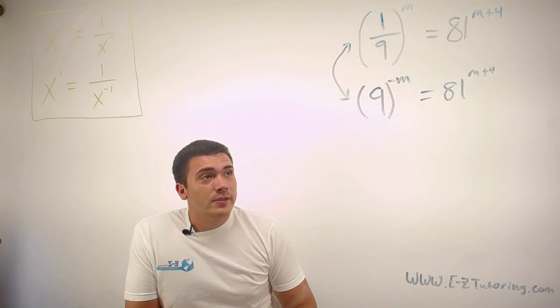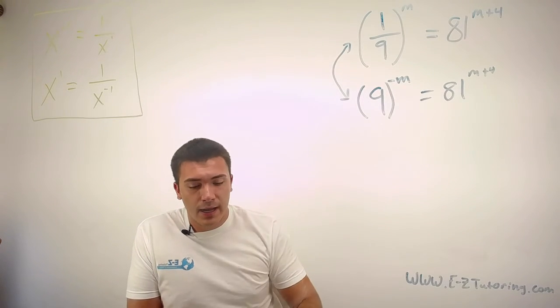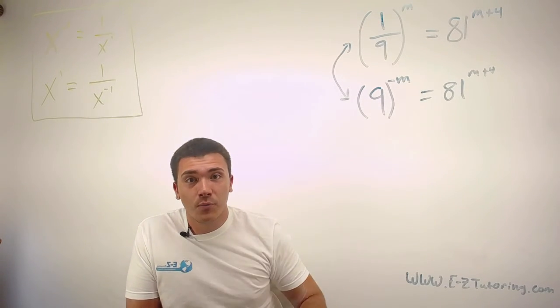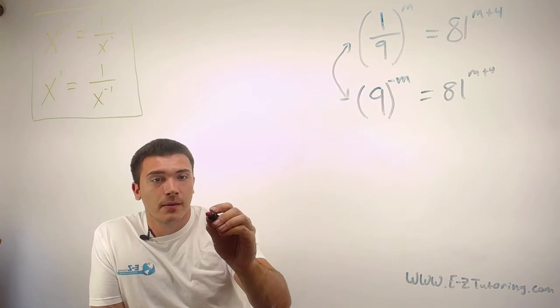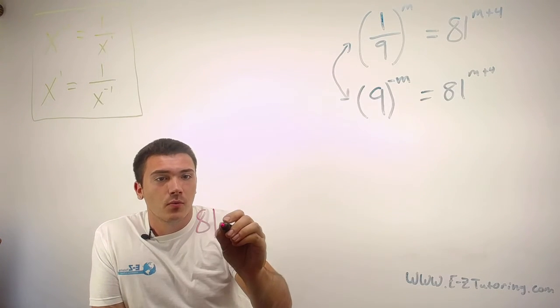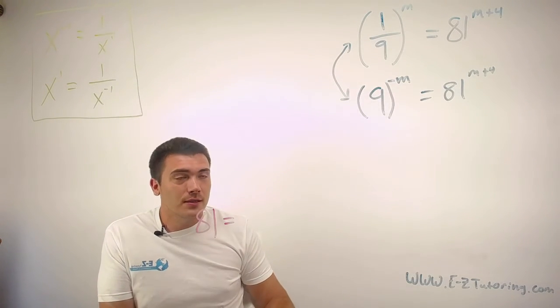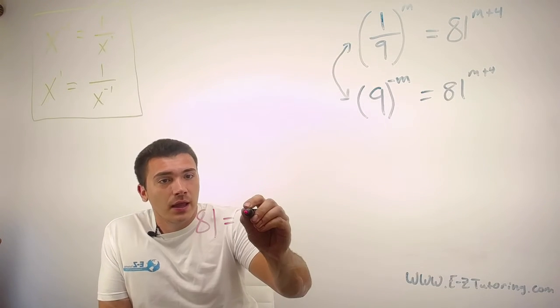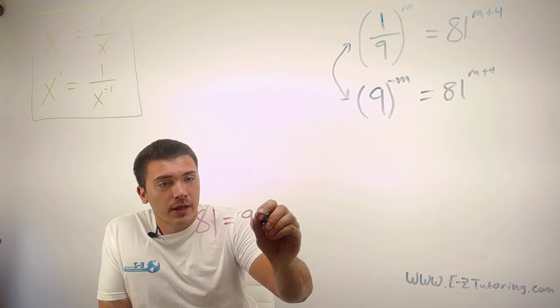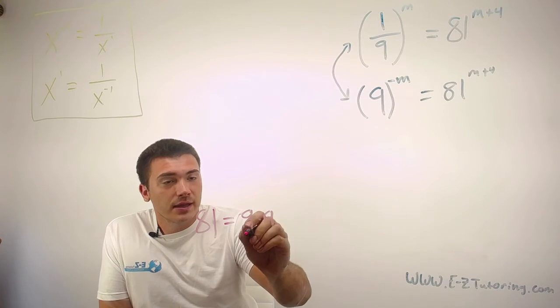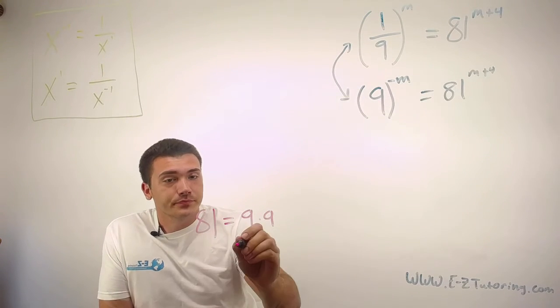So now we just need to go from 81 to 9. We need to rewrite 81 in terms of 9. We do know that 9 does go into 81, and if we multiply it out twice, we can see that 9 times 9 is 81.